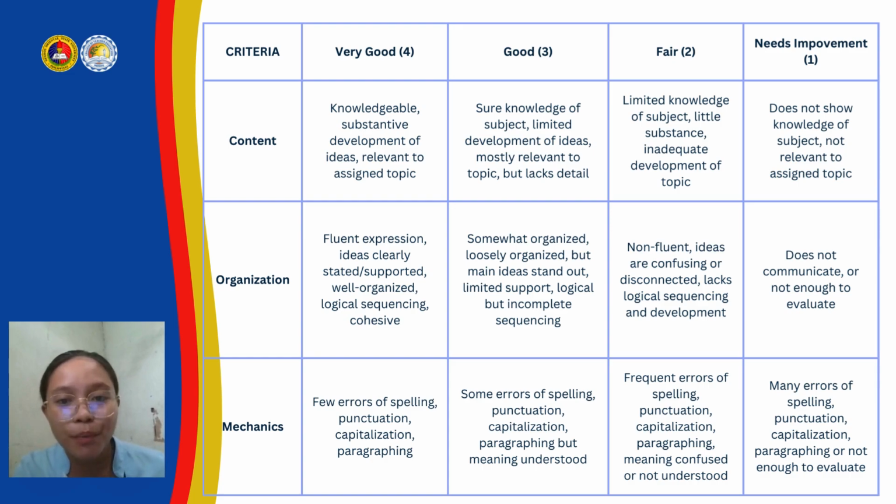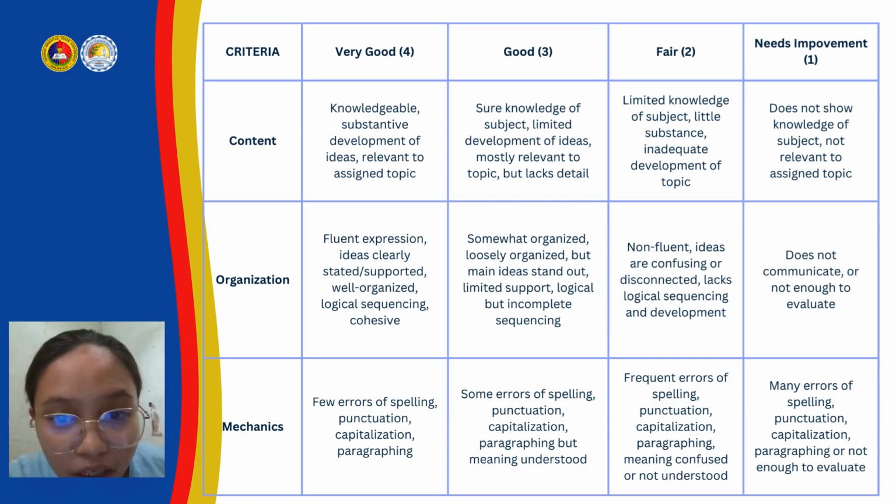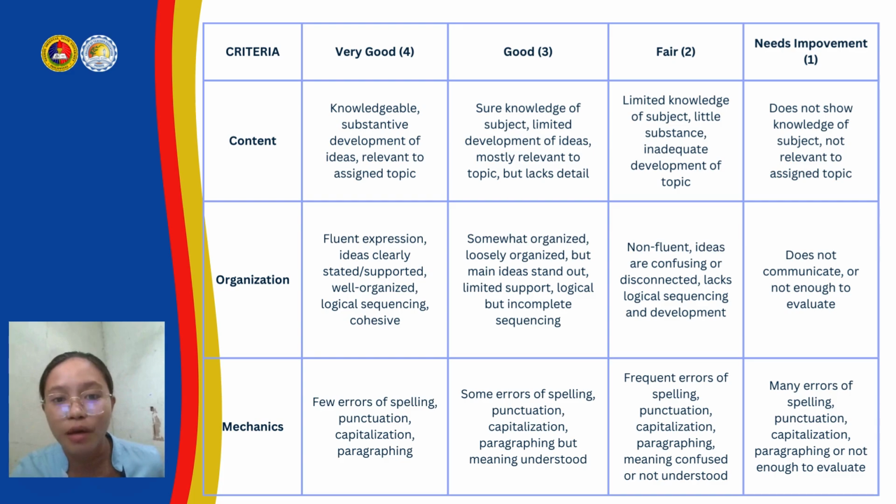So from the components, we are also defining for the students what are the things that should be seen in the student's performance. Let's say, for example, in the content part, very good if the content is knowledgeable, substantive, with development of ideas relevant to the assigned topic.